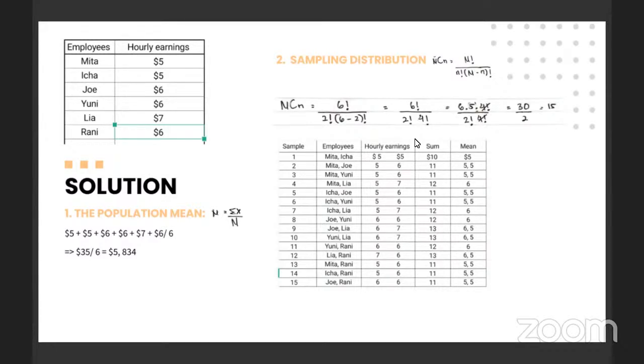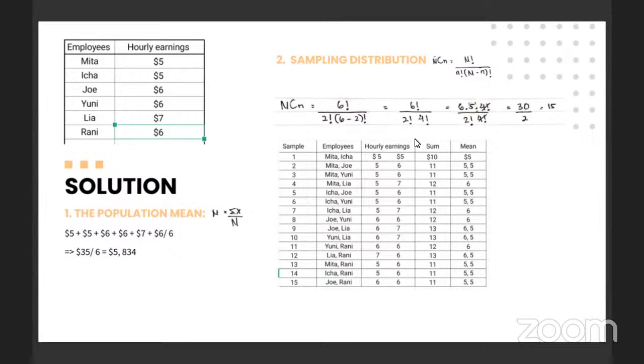From the table above, I will calculate it. $5 plus $5 plus $6 plus $6 plus $7 plus $6, divided by 6 because the data is 6. So $35 divided by 6 is $5.8334.